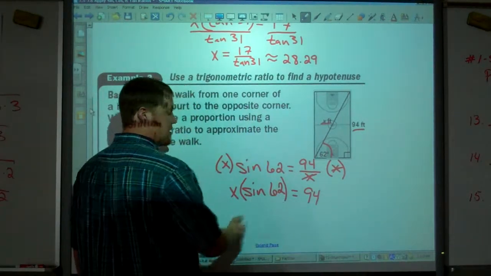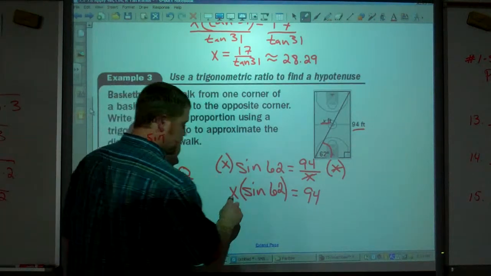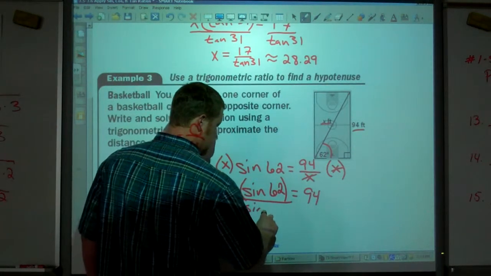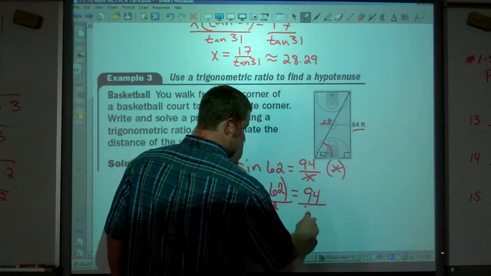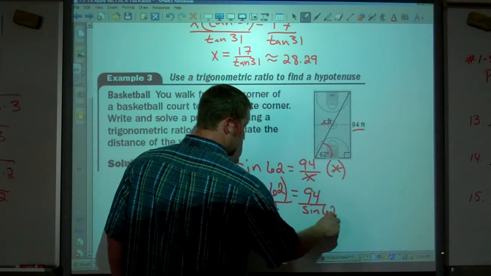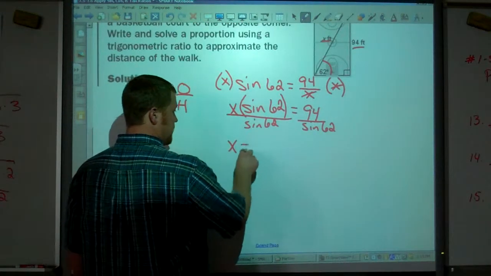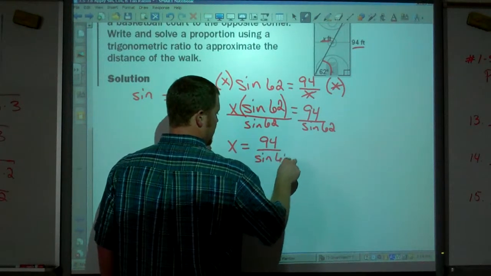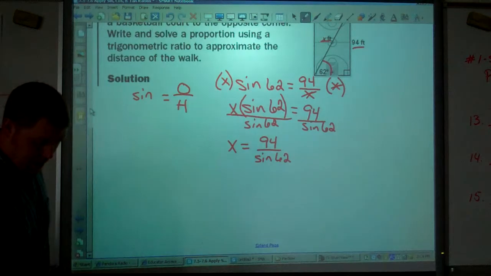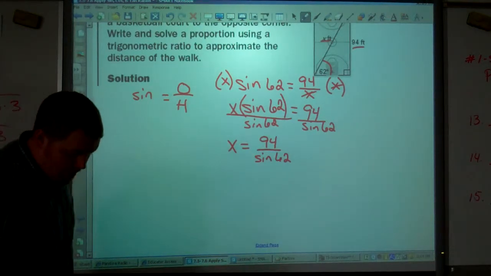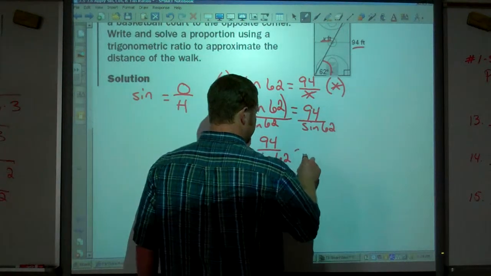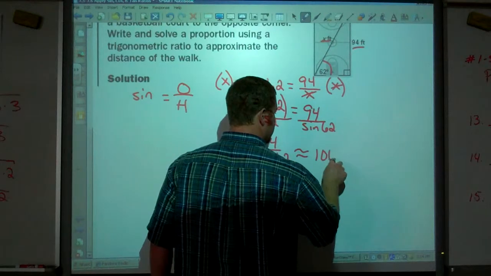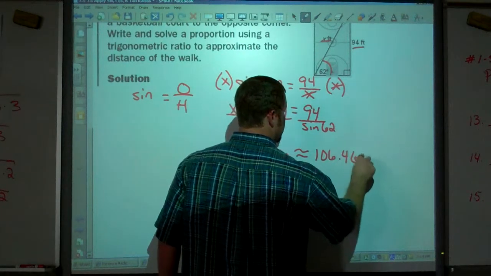The sine of 62 is just some decimal number, so divide by the sine of 62. So x equals 94 divided by the sine of 62, which is 106.46. And that is feet.